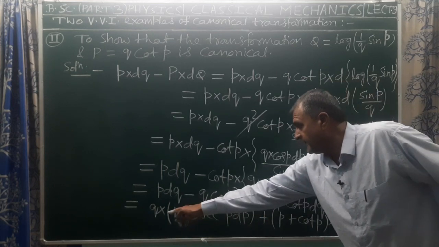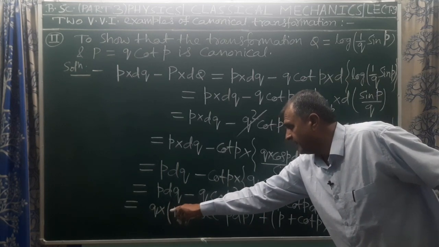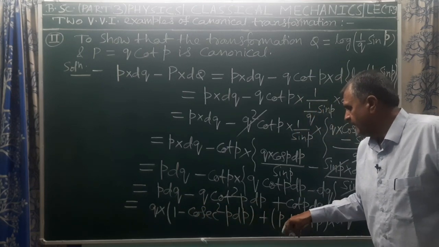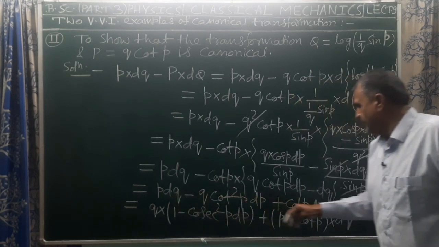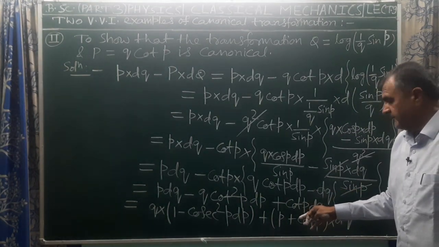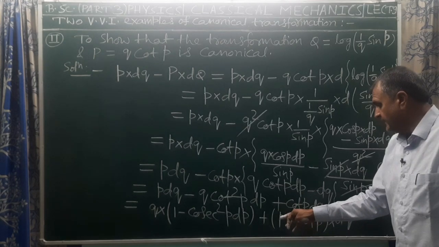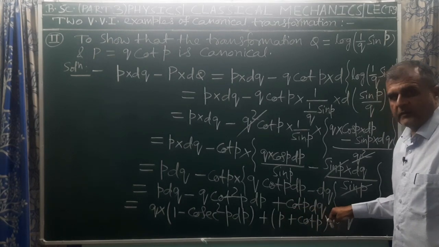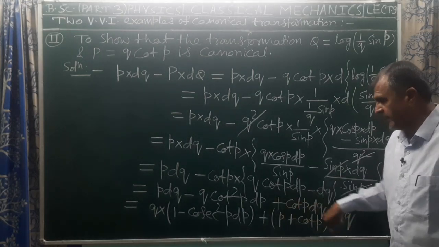The first and third terms taken together are bracket p plus cot p bracket closed multiplied by dq.